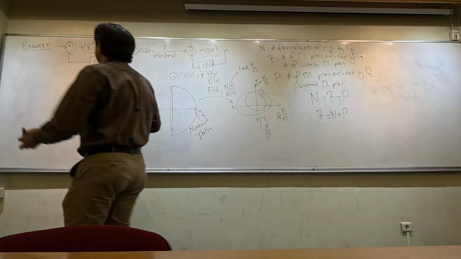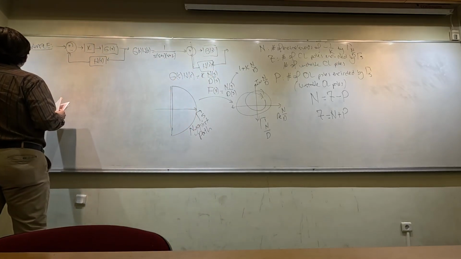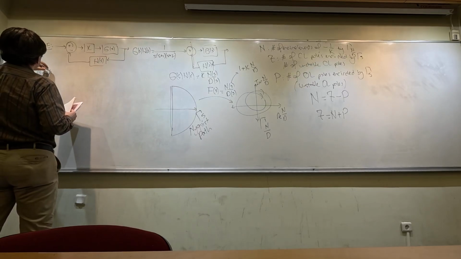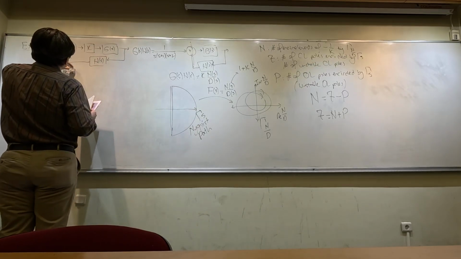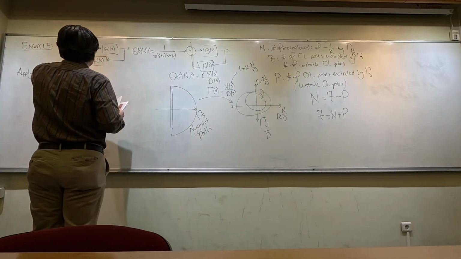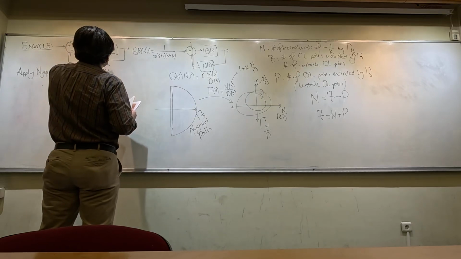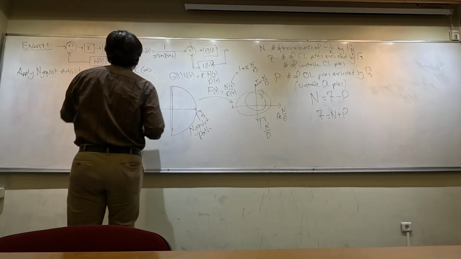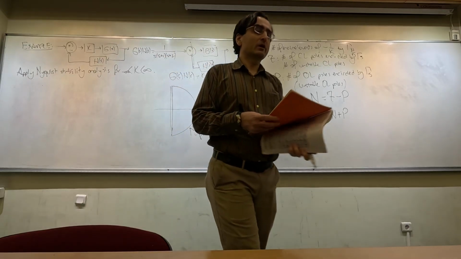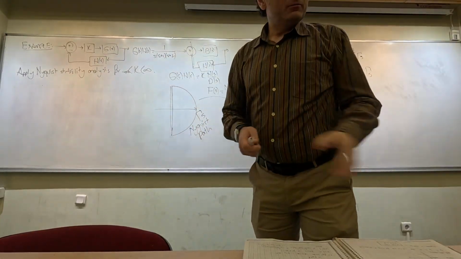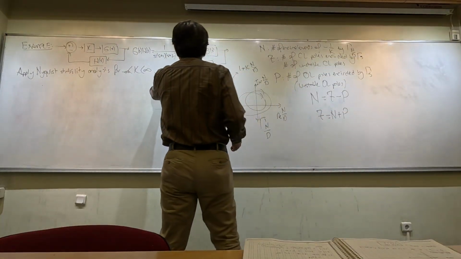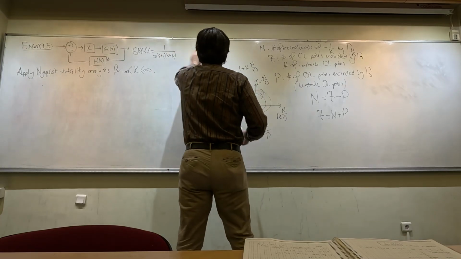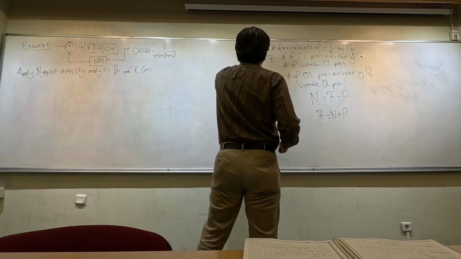And the task is to apply the Nyquist stability criterion for when k changes between minus infinity and plus infinity. So we are now going to draw the Nyquist plot, and then we'll try to make a stability analysis for different k values.